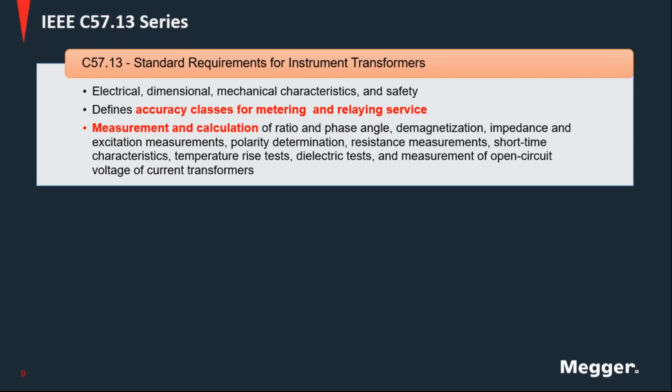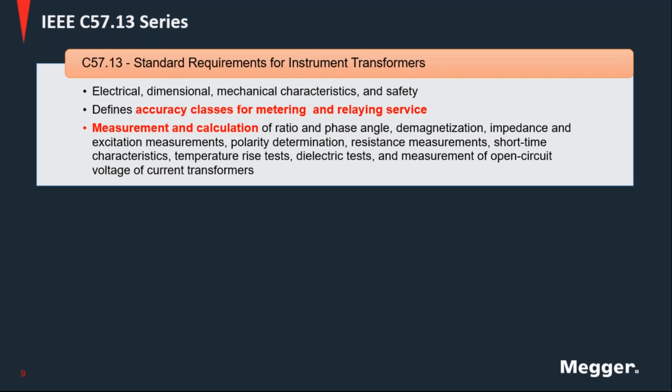We are verifying that the instrument can perform as per that classification that it was designed to. And the standard also establishes all the measurements and calculations for the different tests that need to be performed to assess that transformer.